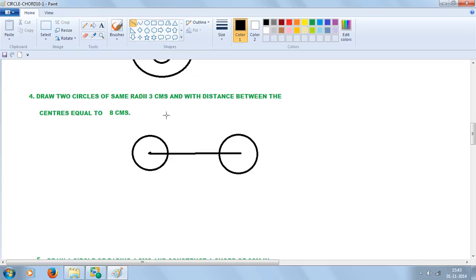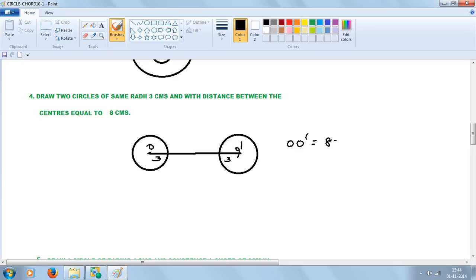Here radius is 3, here radius is 3. The distance between O, and let us take this as O dash, OO dash is equal to 8 centimeters. So we have to draw a straight line. With the compass, we have to cut from O dash, we have to cut here. Find out the center.